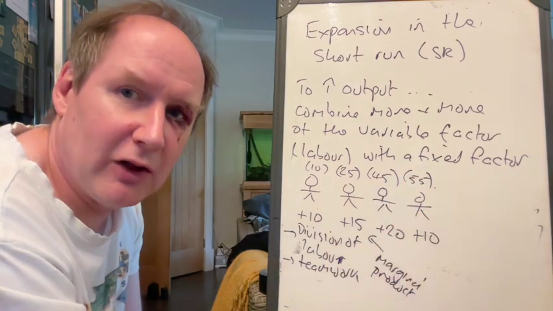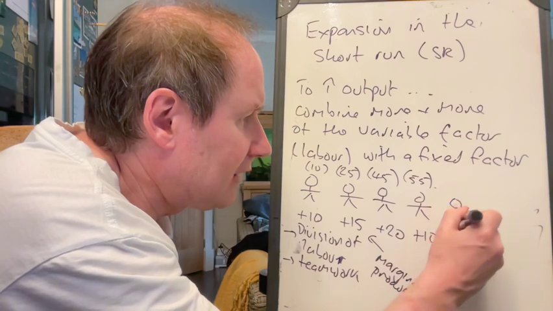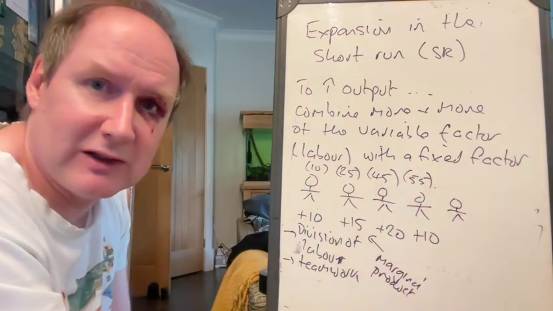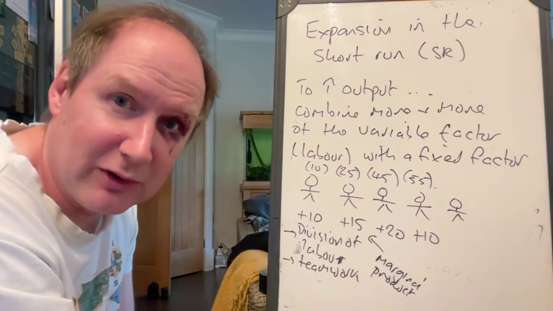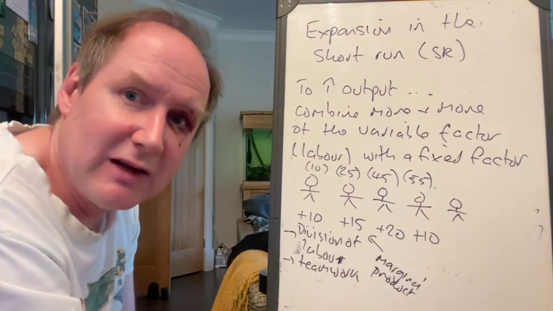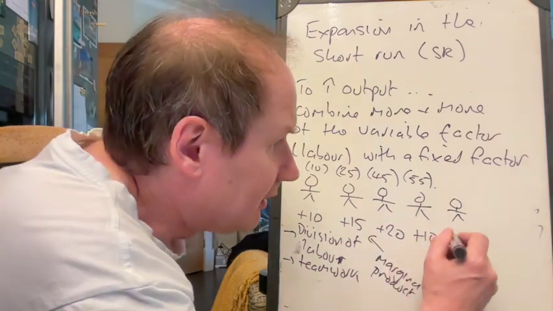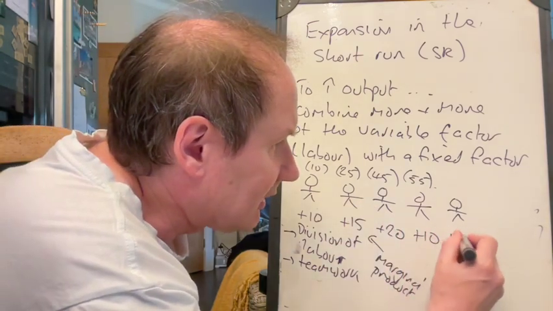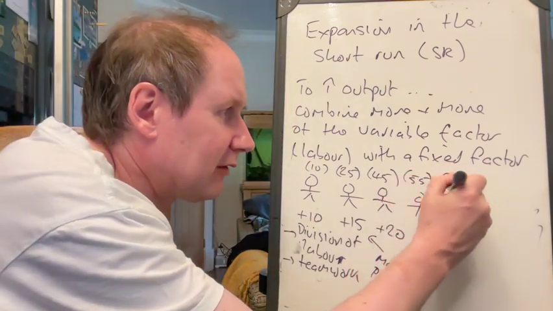It's getting harder to increase output. And then the one after that, their scope for adding more is less still. There's very little that they can probably do. There's a limited amount of space. Maybe when one of these people is taking a rest, they can do something. Maybe they add an extra 2, taking output to 57.